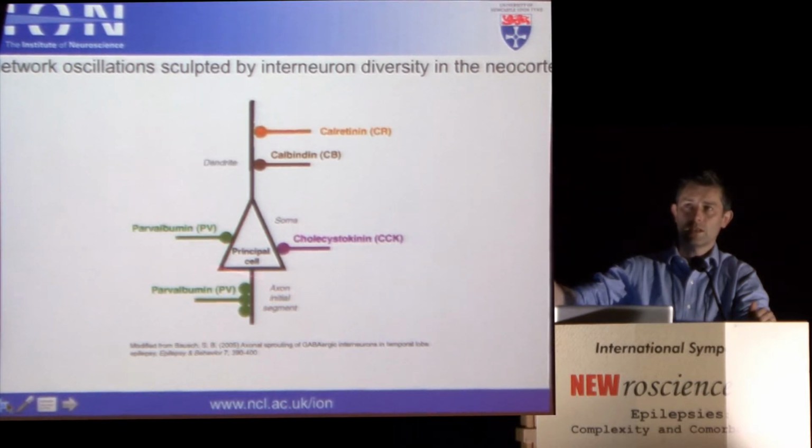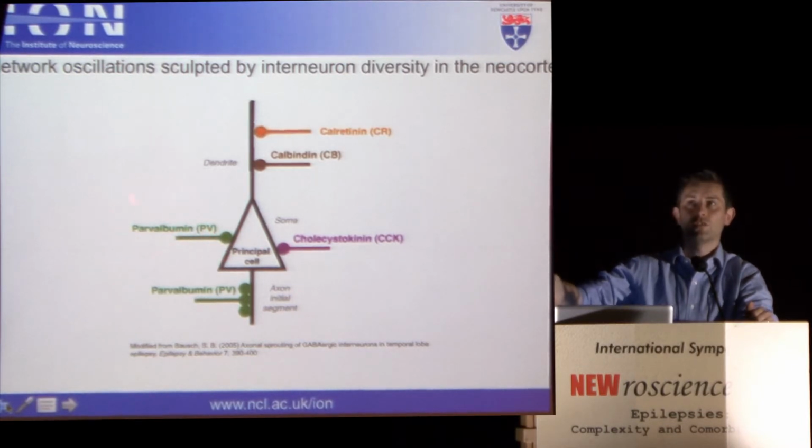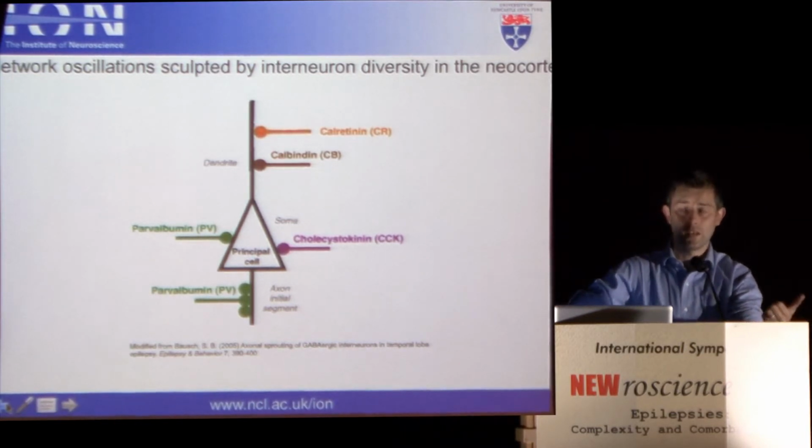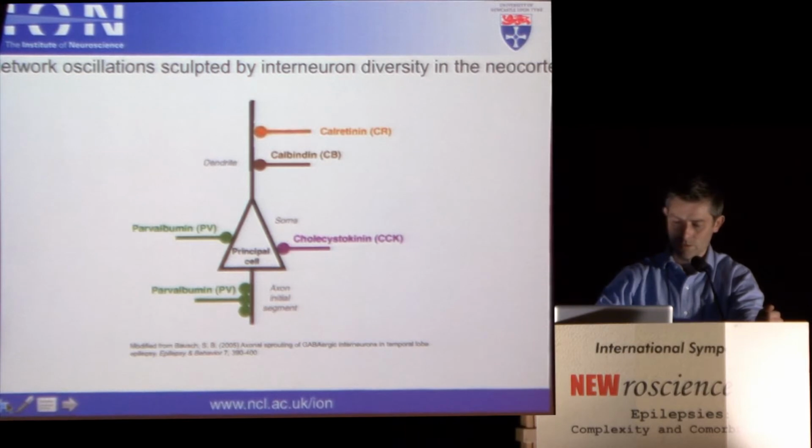There's a subclass, the chandelier cells, which target the axon initial segment. We have CCK containing cells, which target the perisomatic region, but in addition also target these perisomatic targeting PV interneurons. And then out on the dendrites we have calretinin and calbindin, and we also have somatostatin and NPY containing interneurons.